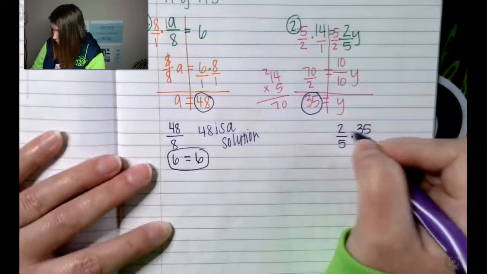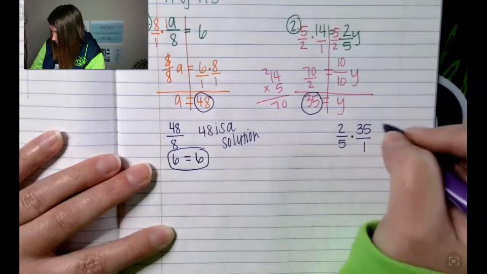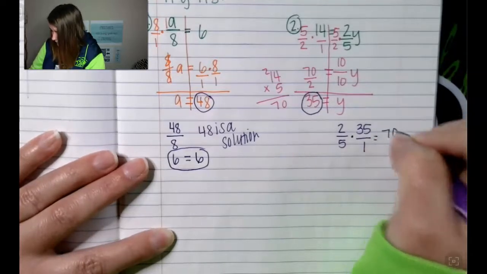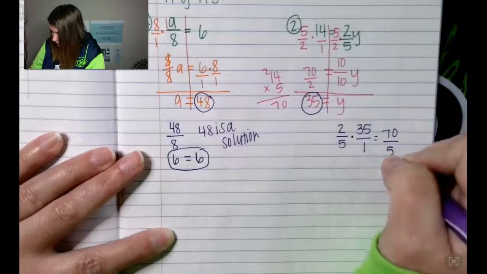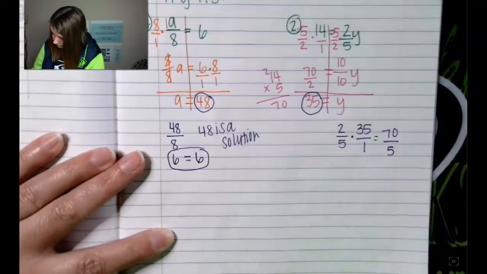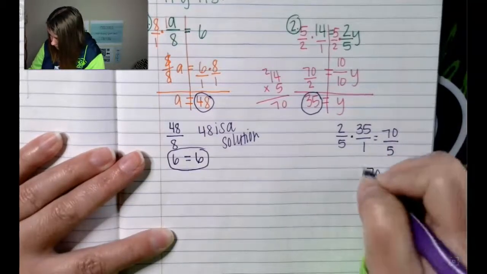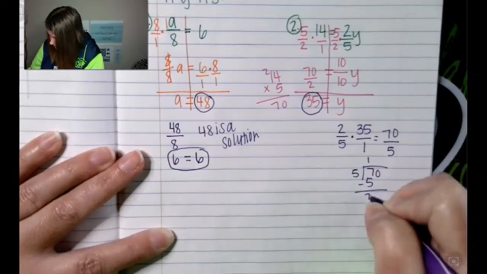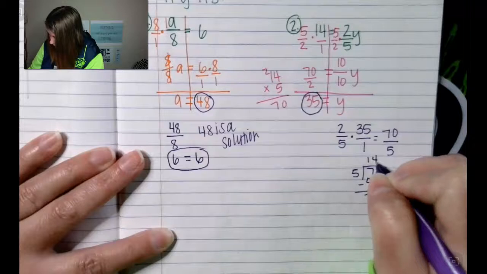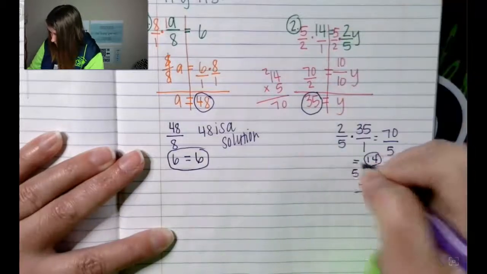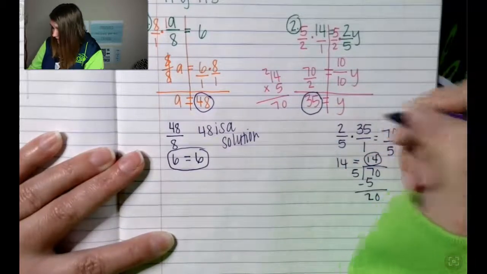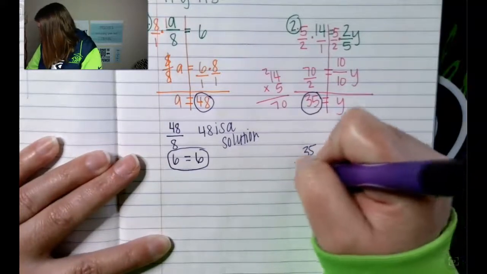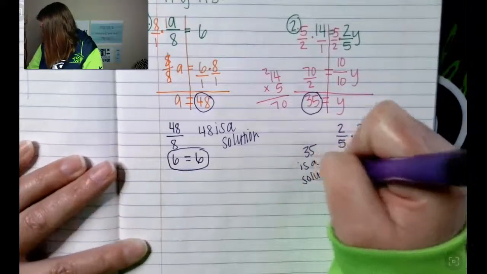Okay, so I know 2 times 35, so 5 times this is 70, and 70 divided by 5, I'm going to go like this. That gives me 14, and 14 is equal to 14, so I got it, yes. 35 is a solution to this problem.